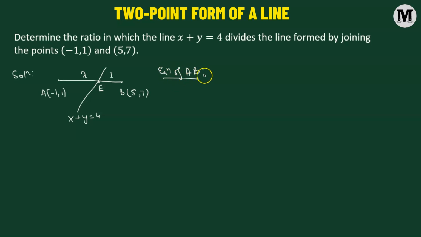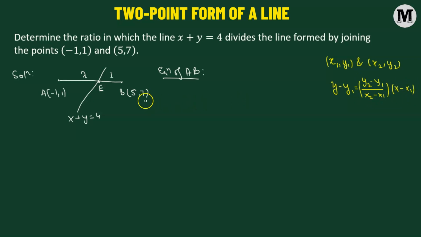To do that, all we have to do is use the 2-point form of a line. Let's say we have 2 points with the coordinates (x1, y1) and (x2, y2). If the line passes through these 2 points, then the equation of the line is y minus y1 equals y2 minus y1 divided by x2 minus x1, multiplied by x minus x1.